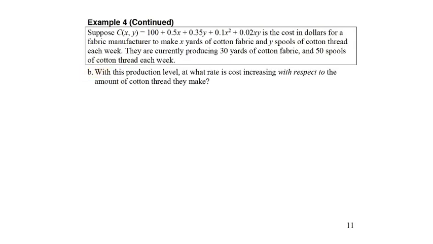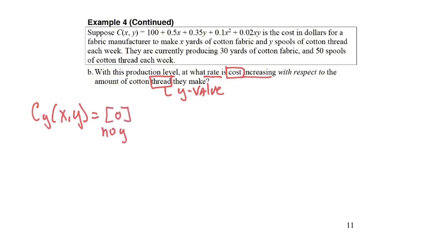Part B. With this production level, at what rate is the cost increasing with respect to the amount of cotton thread they make? So rate of cost increasing, but this time we're focused on thread, where we're given that y is spools of thread. So we're taking the derivative with respect to y. So the first term, 100, does not have a y.